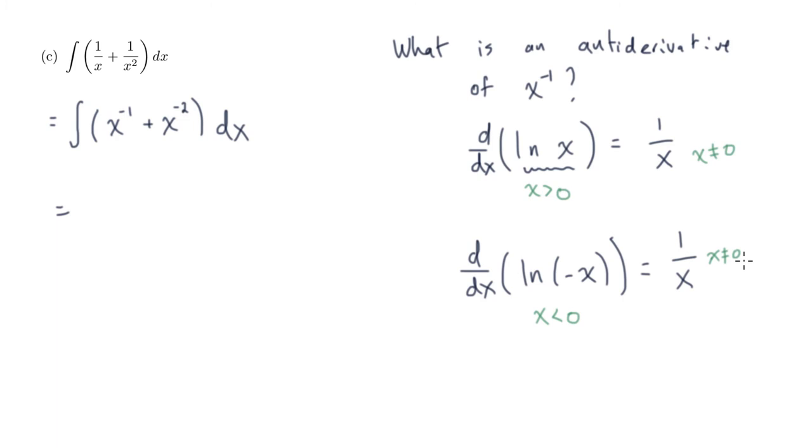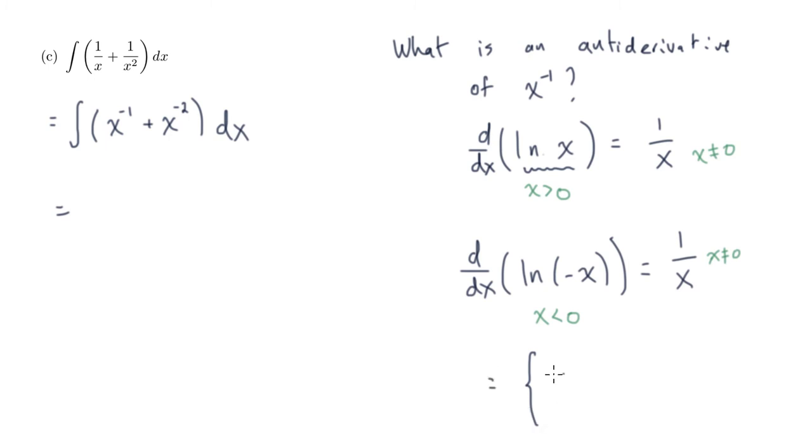So we see that if x is positive, the antiderivative of 1 over x is natural log of x, but if x is negative, the antiderivative, or an antiderivative of 1 over x, is natural log of minus x. So an antiderivative of x to the minus 1 defined on the same domain that 1 over x is defined on is, well, it's going to be sort of piecewise, right?